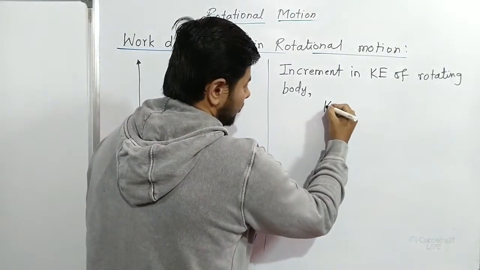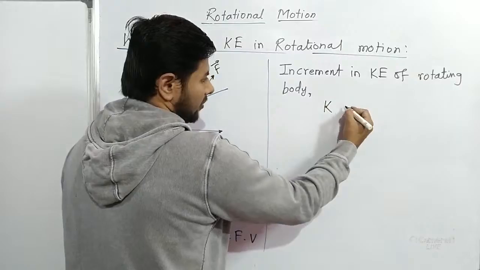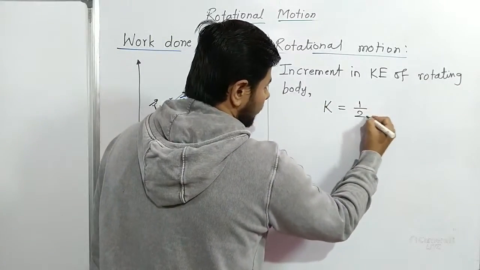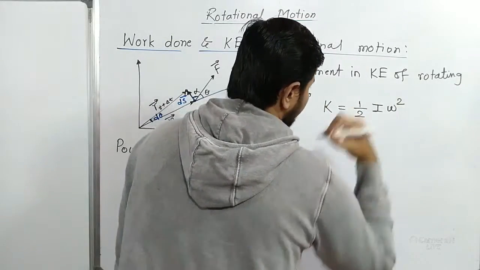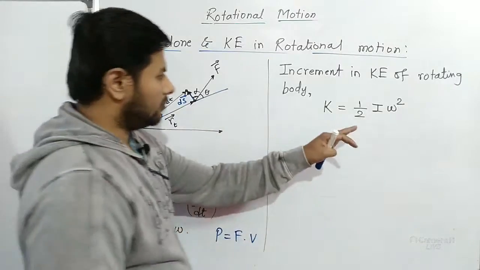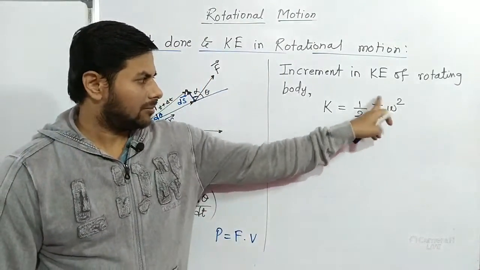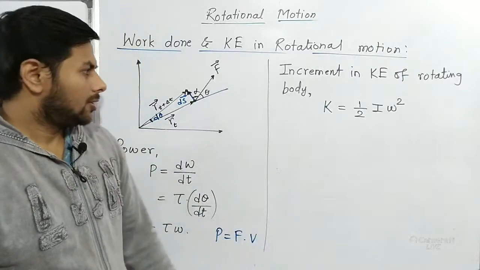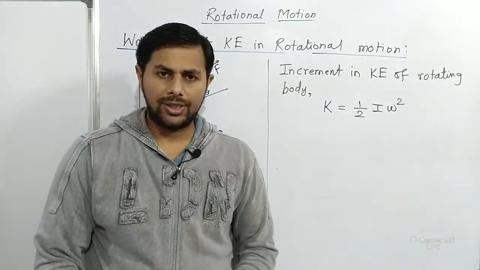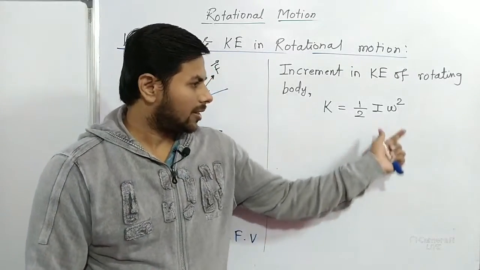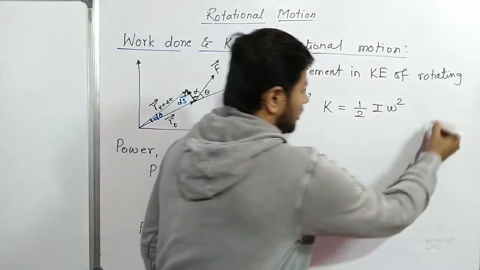So the kinetic energy of a rotating body is given by the formula half of I omega squared. This we have studied, I guess, in the last class when we defined moment of inertia. So here I is the moment of inertia of the body, omega is its angular velocity.